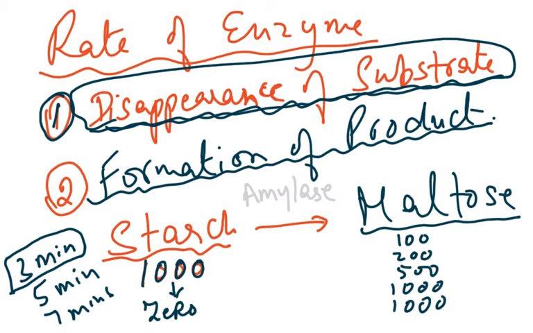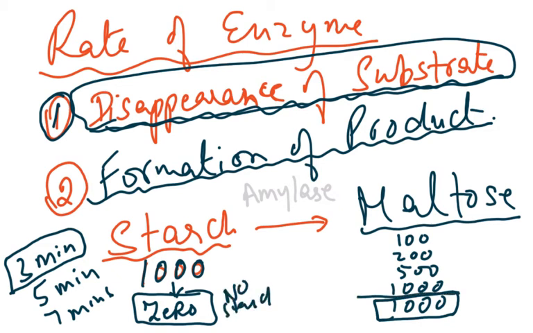What does this mean? It means now no more starch is left. The final amount of maltose is 1,000. So it's not going to increase after that because all the starch is now zero. This is the total amount of maltose that was formed.